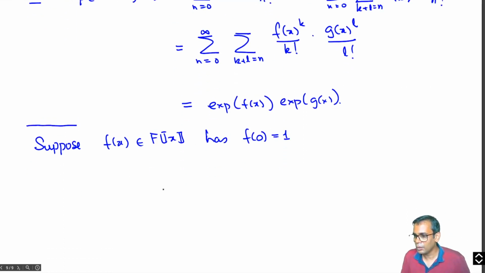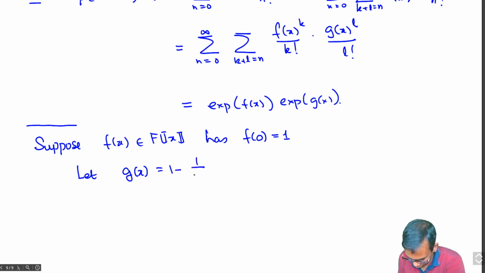Then what I can do is take g(x) equal to just 1 over 1 minus 1 over f(x). Now note that f(x) has constant term equal to 1. So 1 over f(x) also has constant term equal to 1.